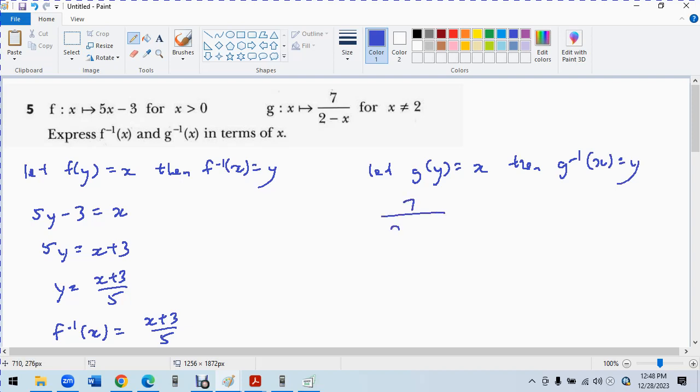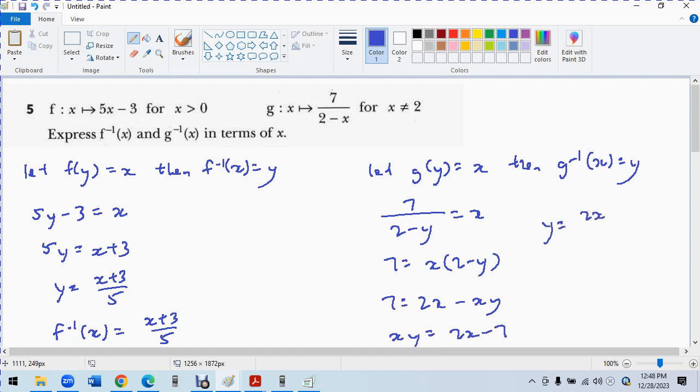So 7 over (2 minus y) equal to x, 7 equal to x times (2 minus y), 7 equal to 2x minus xy. So xy equal to 2x minus 7, so y is (2x minus 7) over x. So g inverse of x is equal to (2x minus 7) over x, with the condition that x cannot be 0 because the denominator cannot be 0.